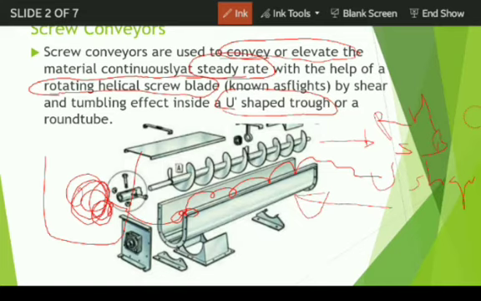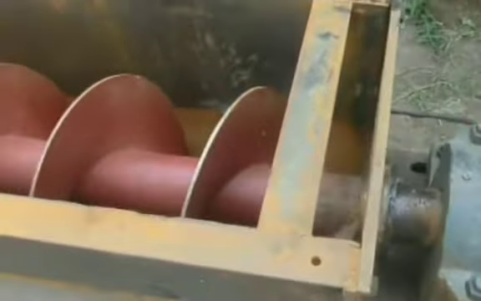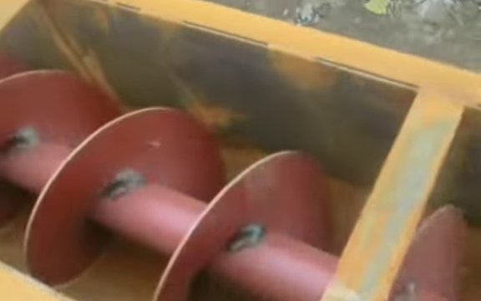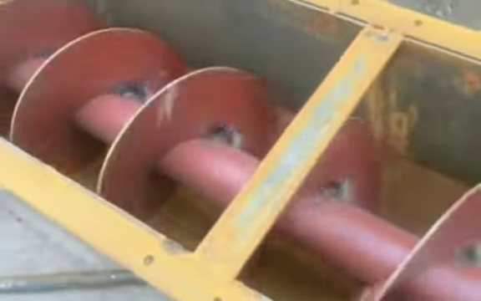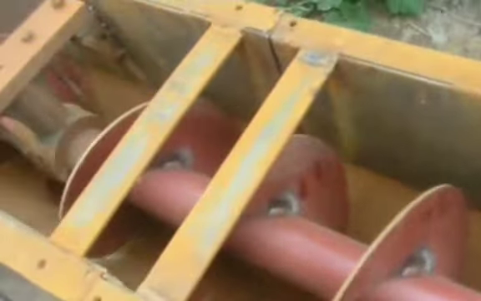So this is continuously rotating. This is operated by electric motor and this screw conveyor is now rotating. So this is a U-shaped trough and inside this helical screw is rotating.